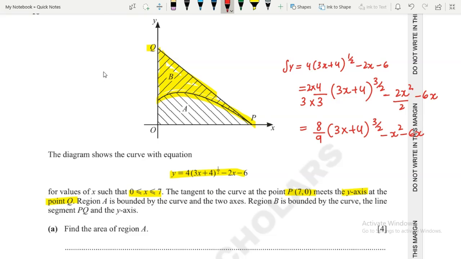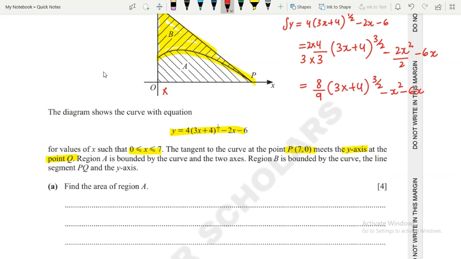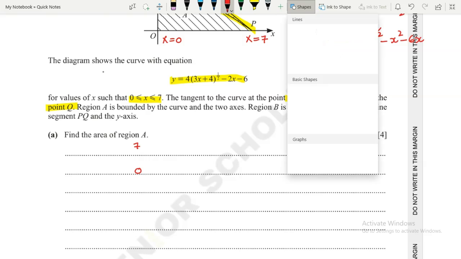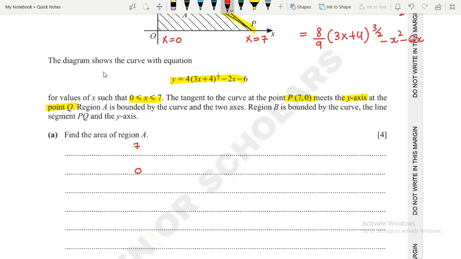We have found the integration. Now we are going to put in the limits. They have given you that P is at (7, 0), so the limits are x = 0 to x = 7. Let's draw a line here, and another line after that, putting in the limits.